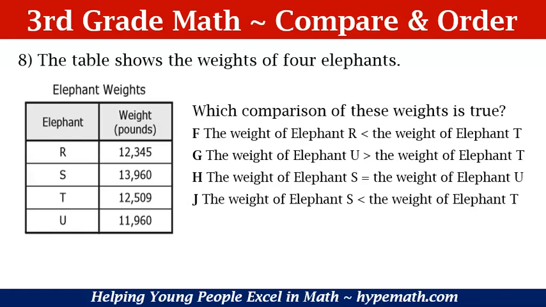So let's look at our chart with our elephant weights. And they weigh a lot. Can we just say that? The left-hand side of our column is the different elephants, and then the right-hand side is their weight in pounds. All right. So elephant R's weight is 12,345 pounds.